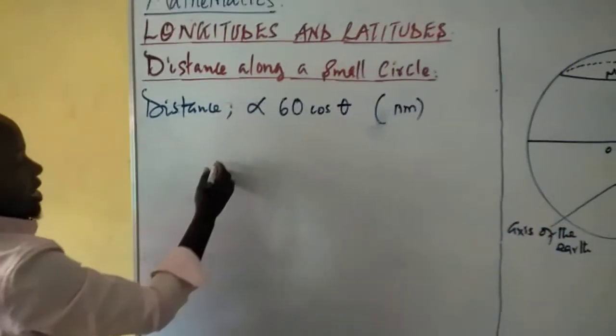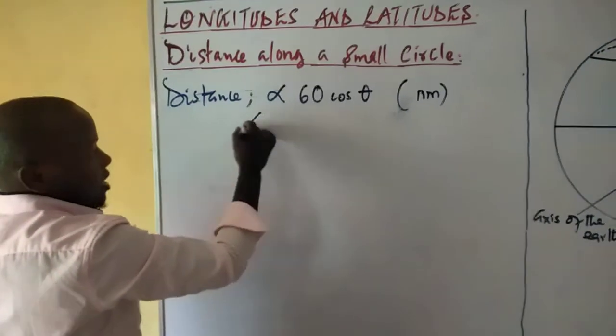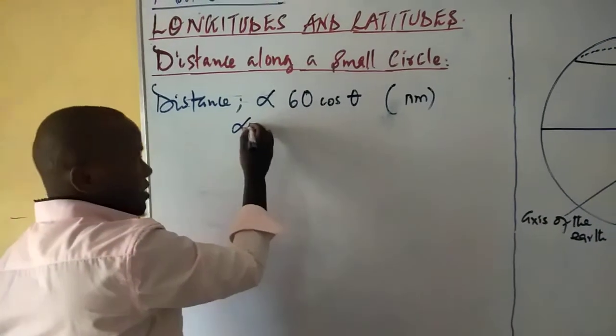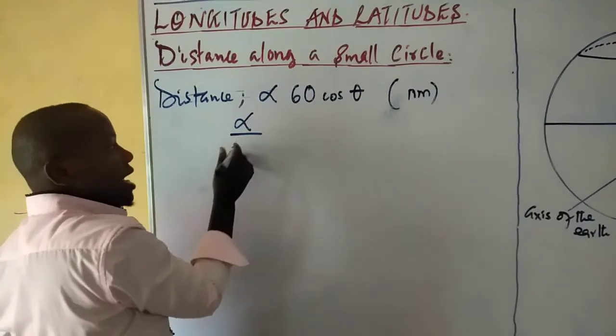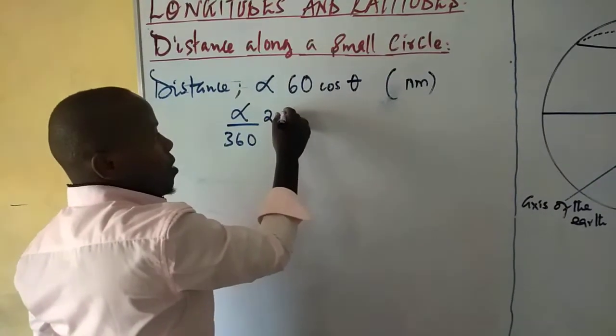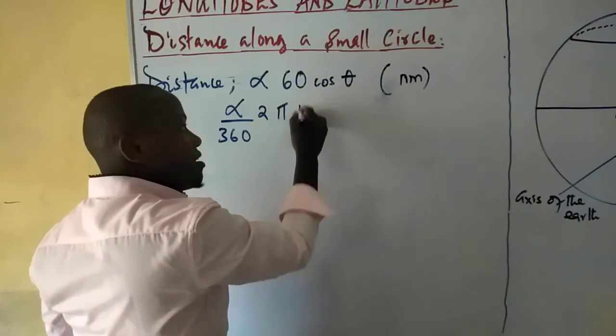And for kilometers, we take again the difference in longitudes, divided by 360, times 2 pi.